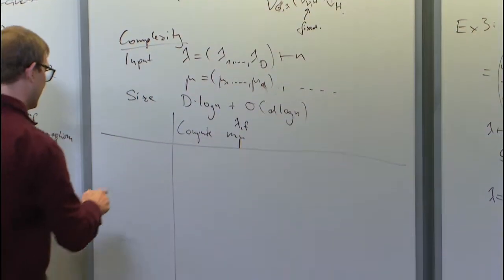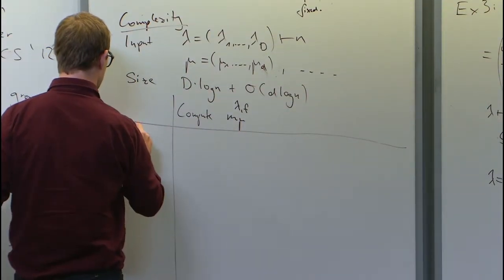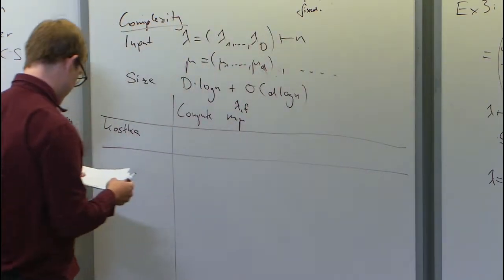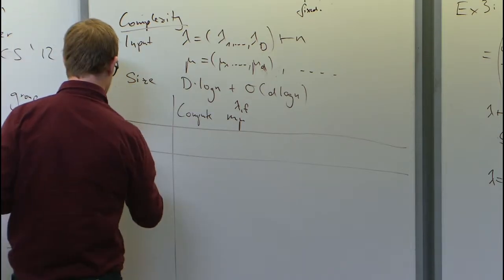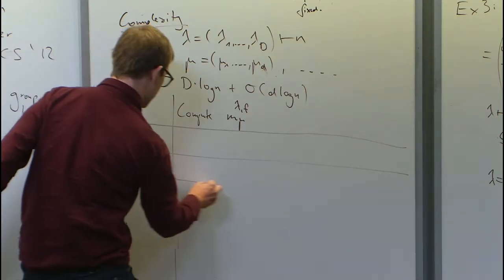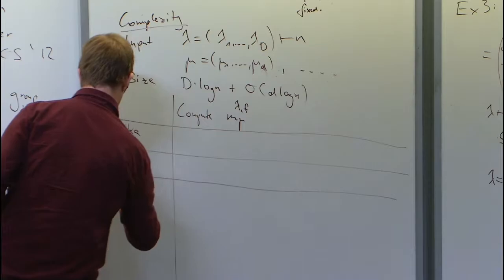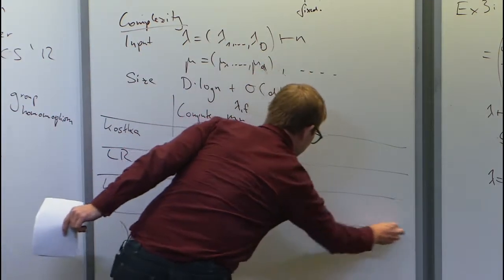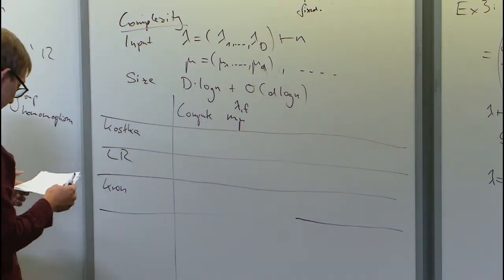Let me give you this table. I think it's nice. So first of all, of course, the Kostka numbers. What's known about the Kostka numbers? Well, we got the Kostka numbers, we got the Littlewood-Richardson, we got the Kronecker, and we got the plethysm. Because of time constraints, I'm not going to talk about the plethysm.